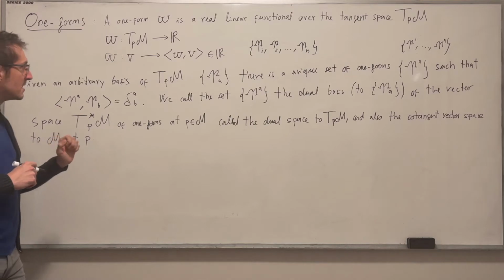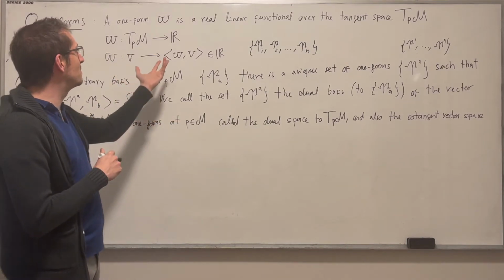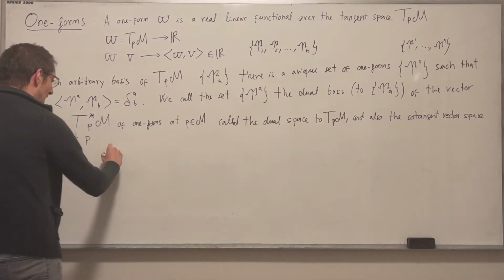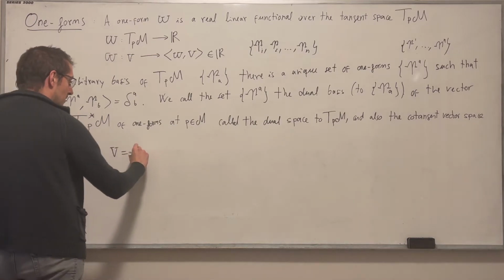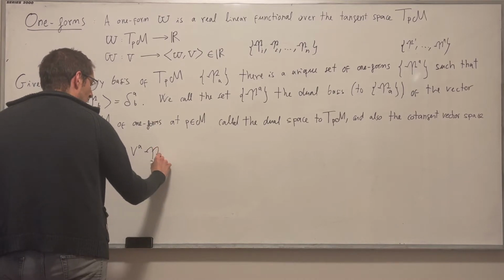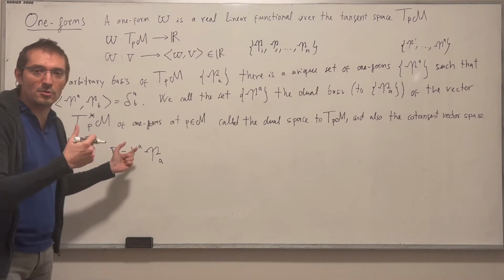Now, this means that I can compute the action of an arbitrary Oneform on an arbitrary vector. So if I have an arbitrary vector V, of course, I can write it in terms of its components summed times the elements of the basis summed. Notice that I use A and not mu or anything like that.